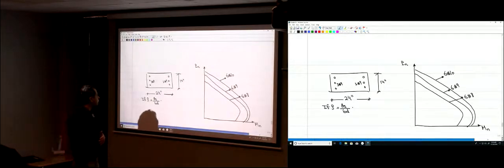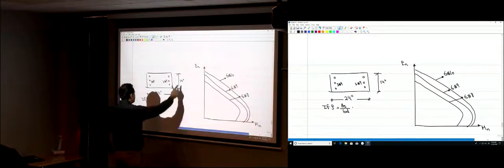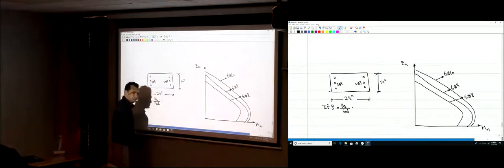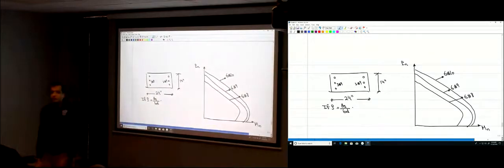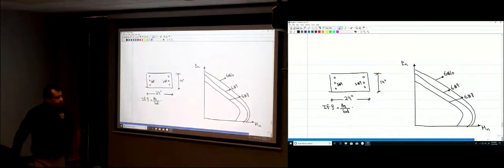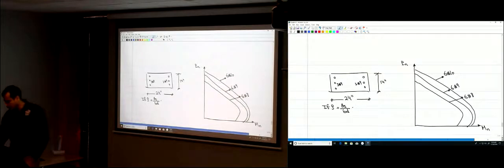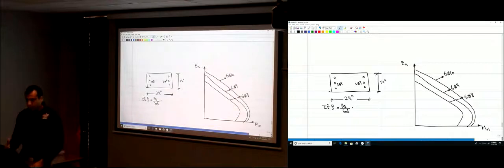What if I change the dimensions, b or h? You have to plot a new interaction diagram. Okay? So instead of plotting a new interaction diagram, the ACI code plots those curves, but for a normalized one.